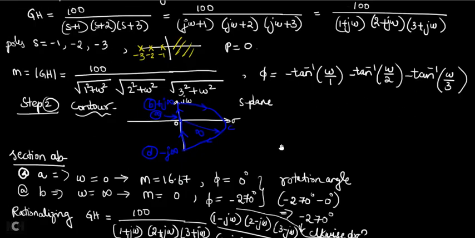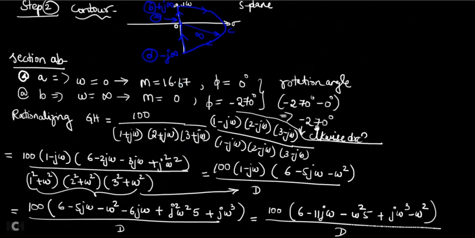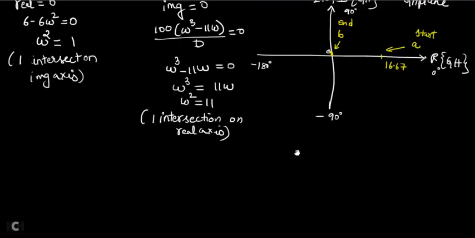The rotation angle you got is minus 270. Minus indicates the Nyquist plot should be drawn in the clockwise direction. So minus means clockwise, and I have to draw clockwise.